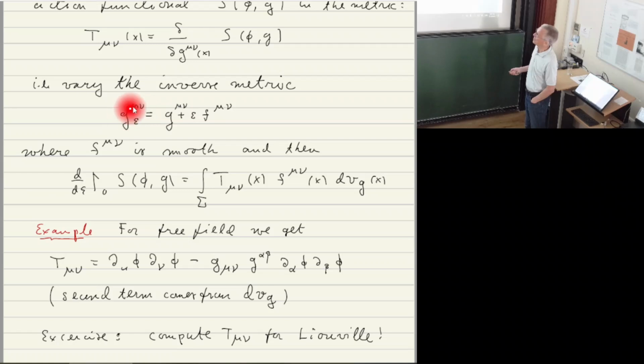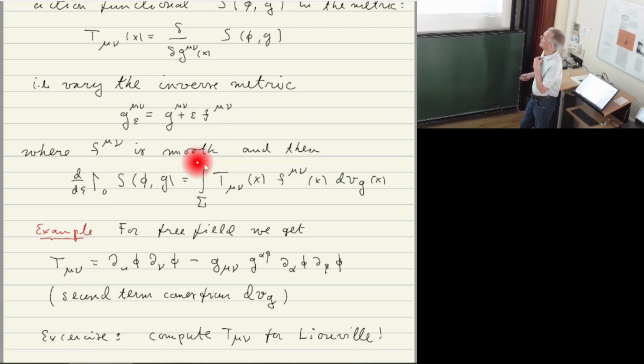Remember, I used upper indices for the inverse matrix; that's physics convenient. So let's take your inverse metric and add a small parameter epsilon times a smooth function f, so that it is still positive, and then compute the derivative at epsilon equal to 0 of the action functional.